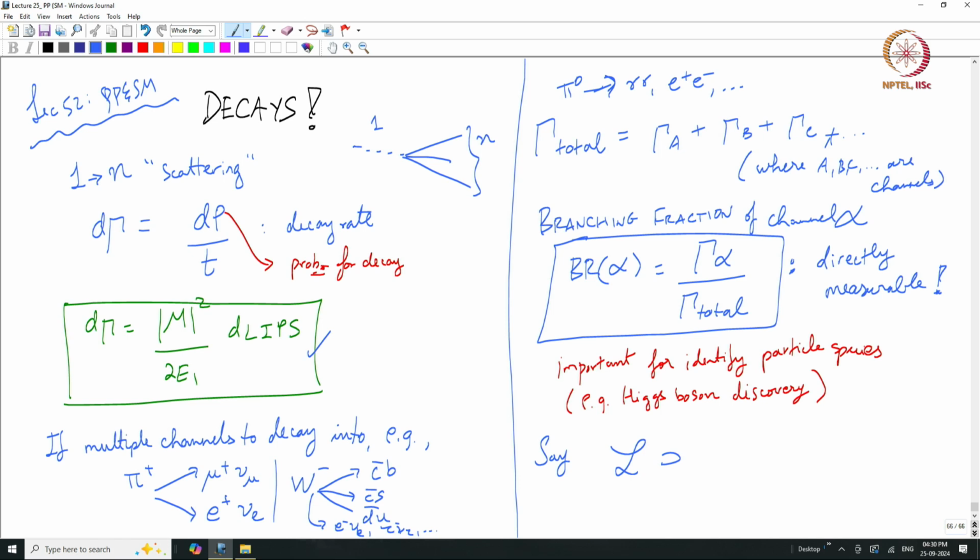What do I call it? In my notes I have called it just phi 1, phi 2, phi 3. And the idea here is that phi 1 decays to phi 2 plus phi 3.